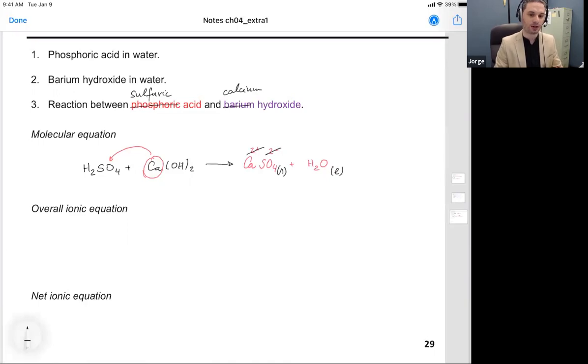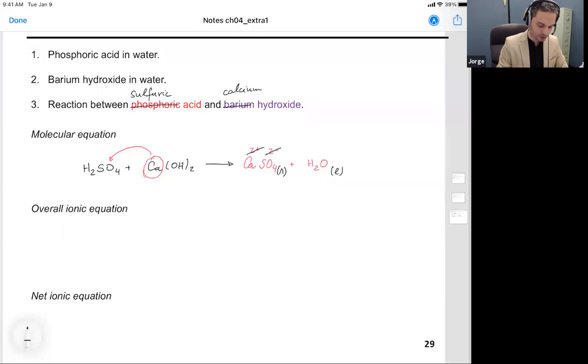So if we start with a solution of sulfuric acid and calcium hydroxide, mix them together, we will visually see the formation of a white precipitate, and the identity of the precipitate is calcium sulfate. It's a salt. Now let's just balance the equation.